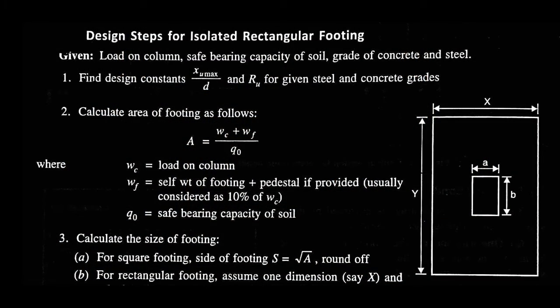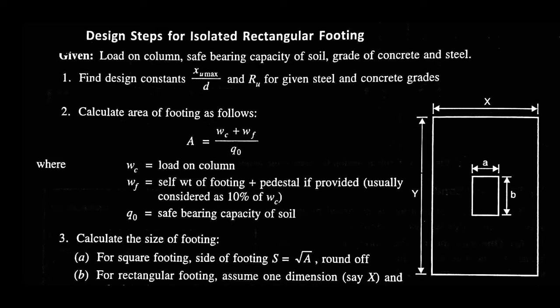Let's take a look at the design steps for isolated rectangular footing. The basic concept of isolated footing is for rectangular, but in many cases the footing may be square, but the basic concept which will be used for design is that for rectangular footing. So we have to focus on isolated rectangular footing.